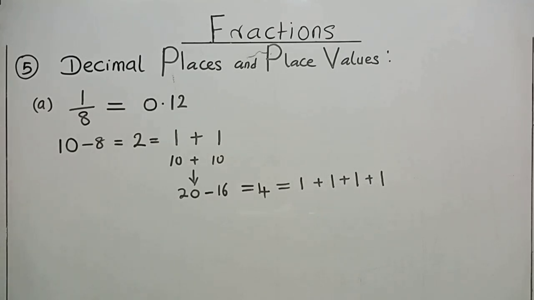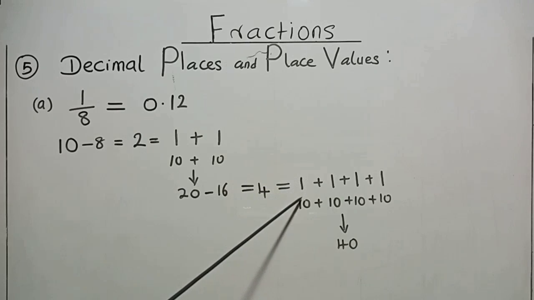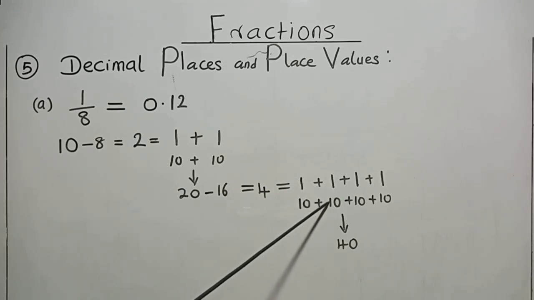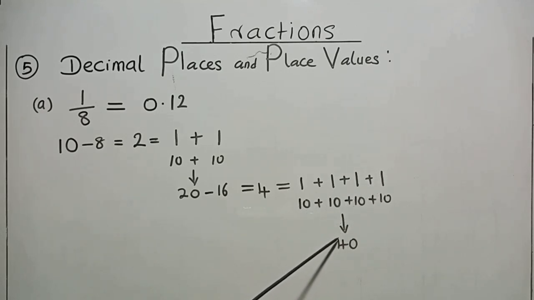Let it happen. Yes, these are the 10s into which each one has been divided. This 1 broken into 10, this 1 into 10, this 1 into 10, this 1 into 10. Then all together, we now have 40 portions from which these 8 persons will still share.